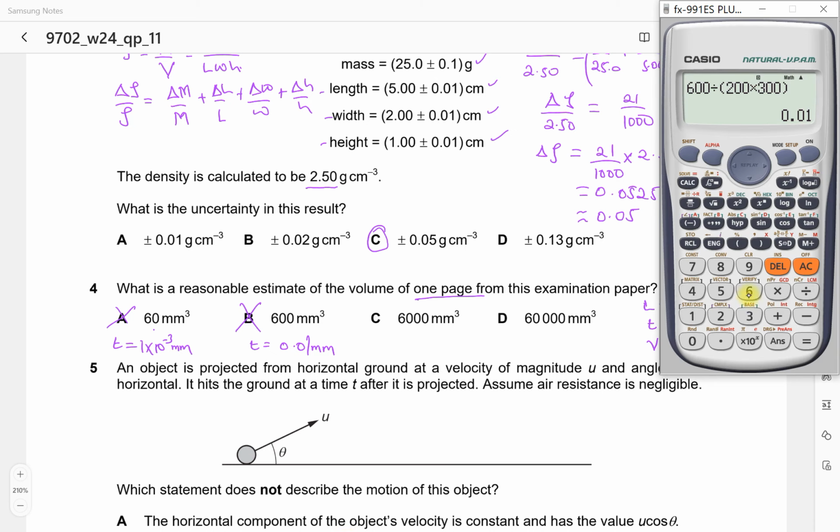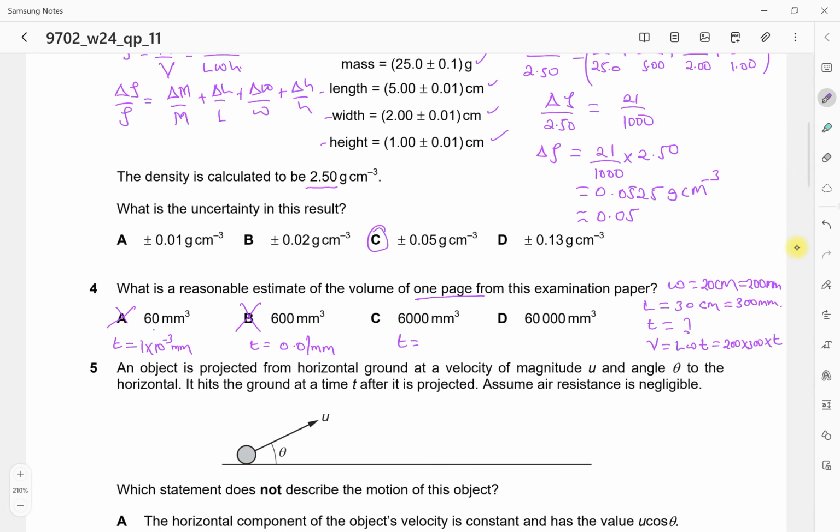So let's check C. The volume is 6,000. Then we divide by the dimensions, 200 times 300. So this is giving us a thickness of 0.1 millimeter. I think this is a reasonable thickness.